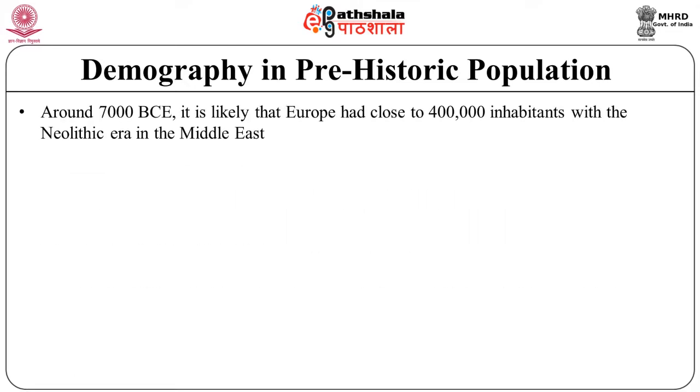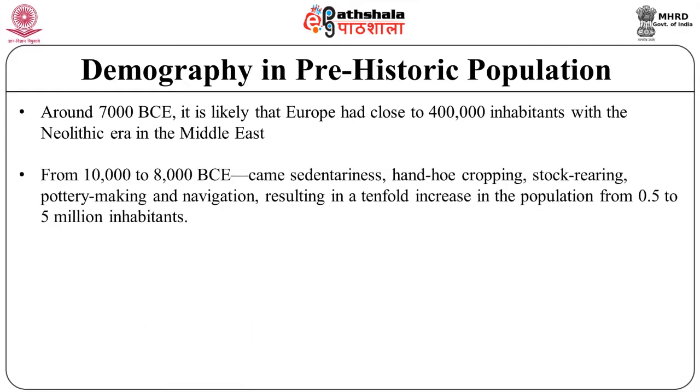Around 7000 BCE, it is likely that Europe had close to 400,000 inhabitants, with the Neolithic era in the Middle East. From 10,000 to 8,000 BCE came sedentary life, hand hook cropping, stock rearing, pottery making, and navigation, resulting in a tenfold increase in the population from 0.5 to 5 million inhabitants.